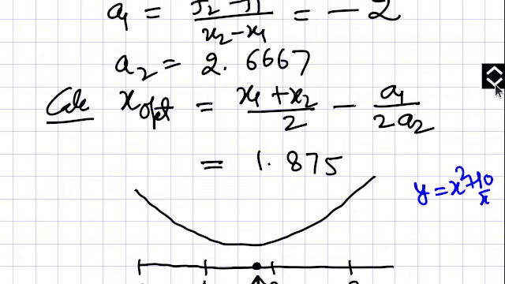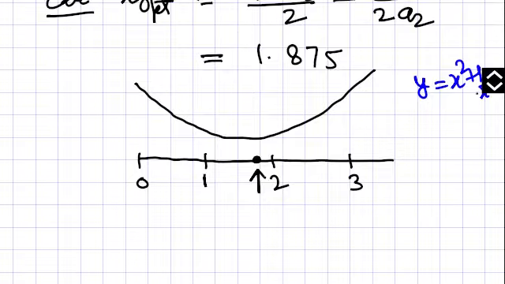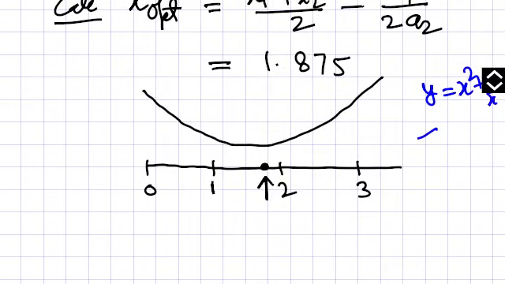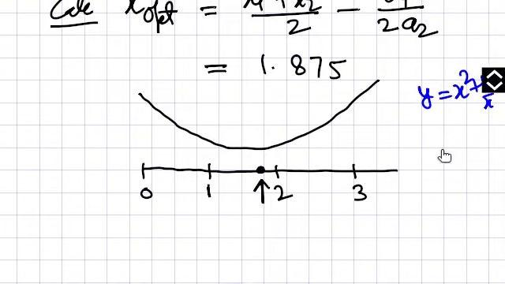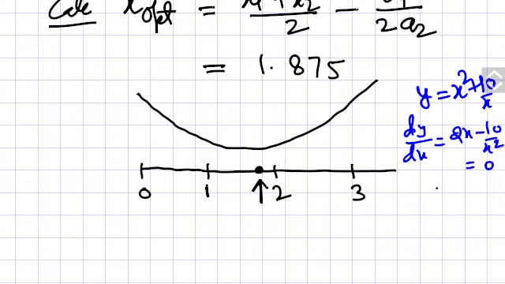This is the function here, by your elementary methods, like dy over dx is equal to 2x minus 10 over x square equal to 0, then you calculate x, you will find x is about this.